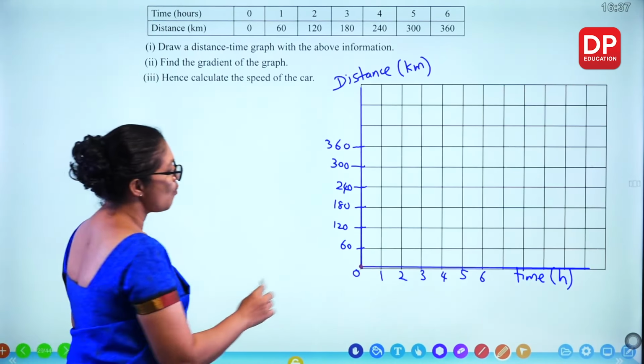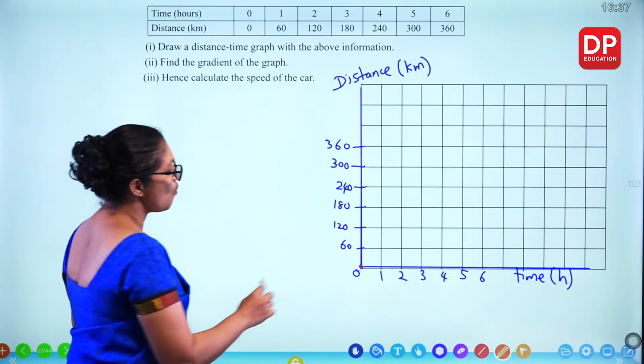So I can mark the point here. 2 with 120. 3 with 180. So I can mark 5 with 300 and 6 with 360. Then you need to connect the points. 4 with 240 is also there.